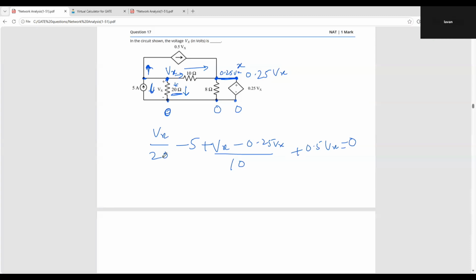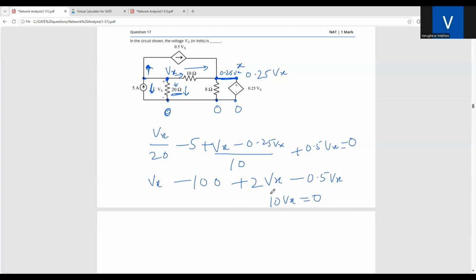Vx multiplying by 10, multiply by 20. Vx minus 100 plus 2 Vx plus 2 Vx minus 0.5 Vx. 10 into 0.5 is 5. 20 into 0.5 is 10.